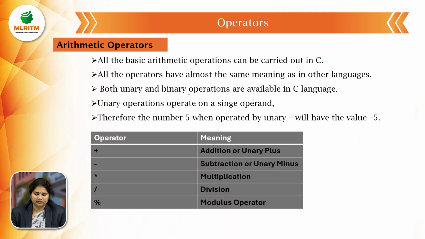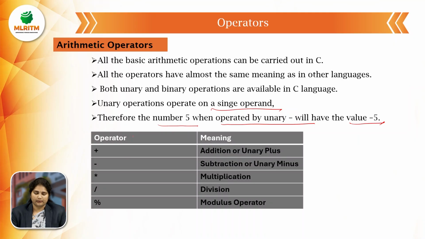Unary operator means we use only one operand. Binary operator means we use 2 operands and one operator. Unary operators operate on a single operand. Therefore, the number 5 operated on by unary minus gives the value minus 5.